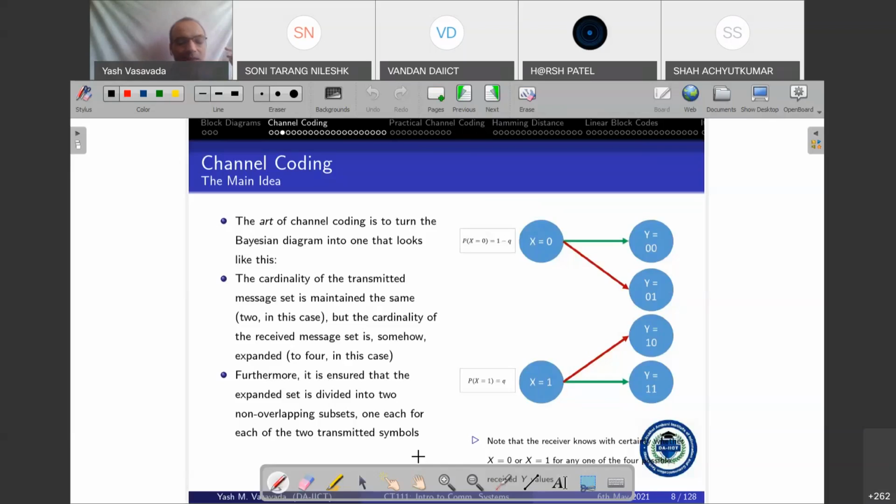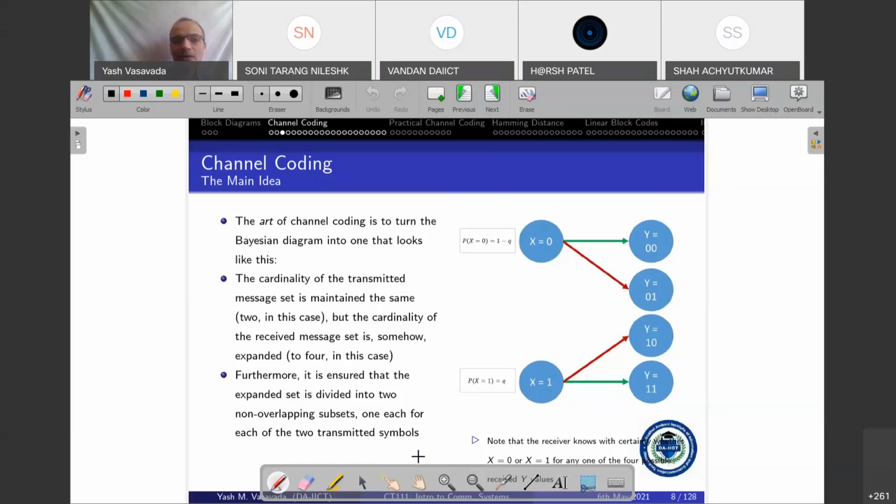This can be done, one way to do this, maybe not the best ideal way that I have shown here, but we kind of see that something like this is happening if we use what type of coding? Repetition encoding, right?